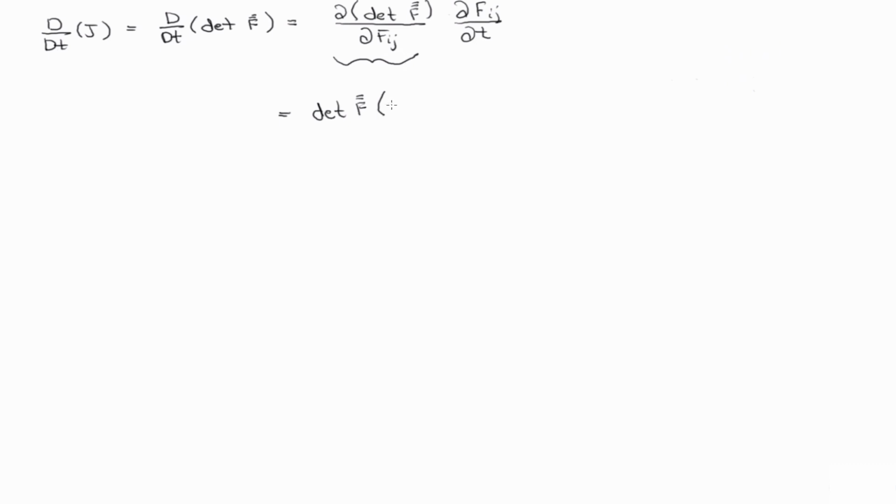So in this indicial notation, this would be F inverse ji, the transpose of F inverse, or the inverse of that. So just the partial of the determinant of a matrix with respect to its components is equal to that. That's just a common identity. And so just for completeness, we'll write this term here.